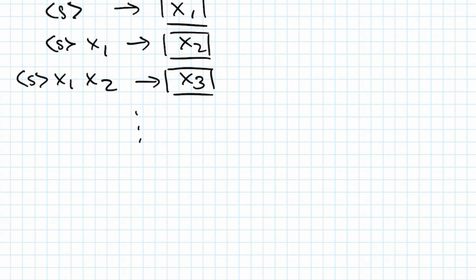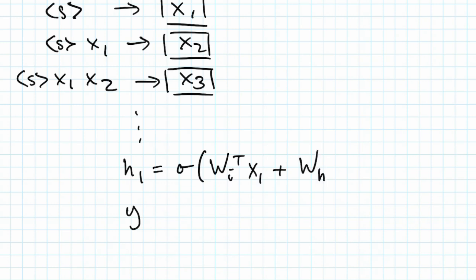So our h1 would be sigma of w input transpose x1 plus w hidden transpose h0 plus b.